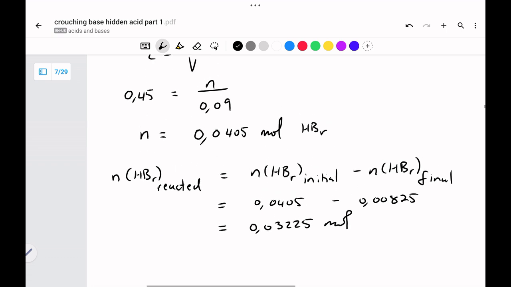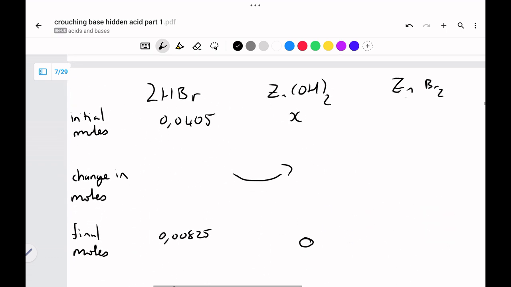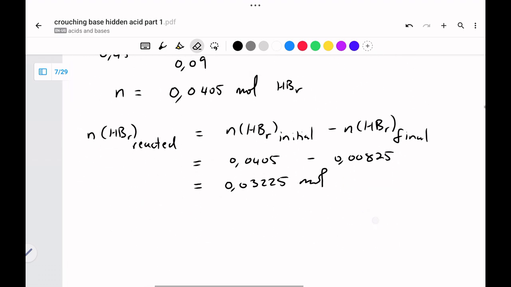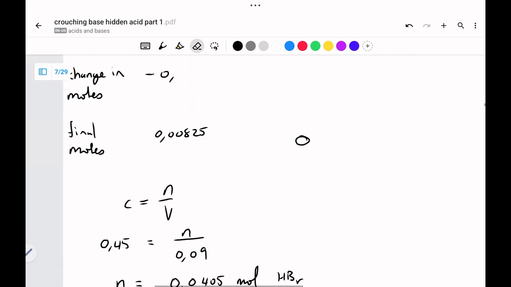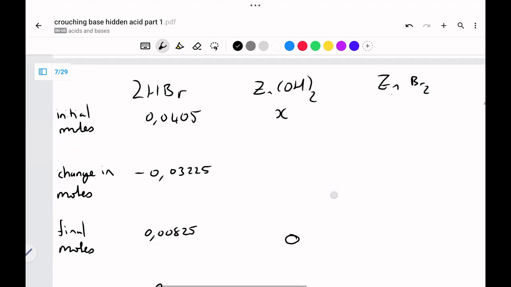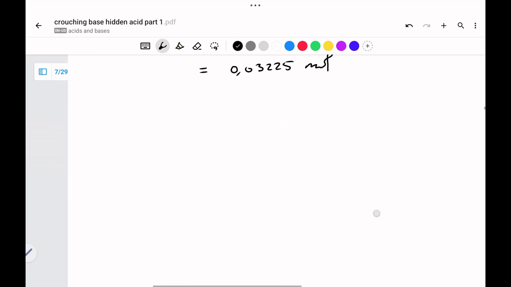And now that is this number, 0.3225. Now we look, 2:1. So I'm going to mole ratio this now.